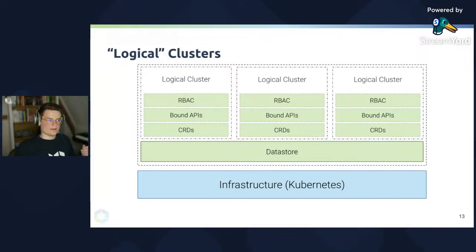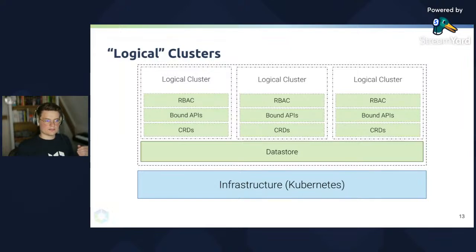And that means that each logical cluster from the outside is basically its own kube API server-like endpoint. So if you point a client to a logical cluster, and the client could be kubectl, it could be also something else, then the client will do API discovery. It will fetch some resources, and all of that will be fine. But there's no dedicated API server process.